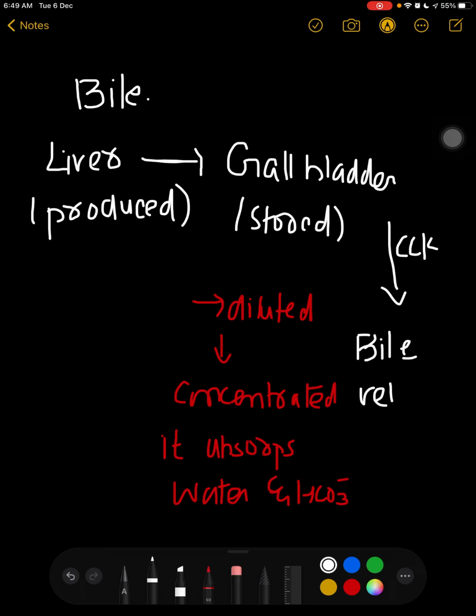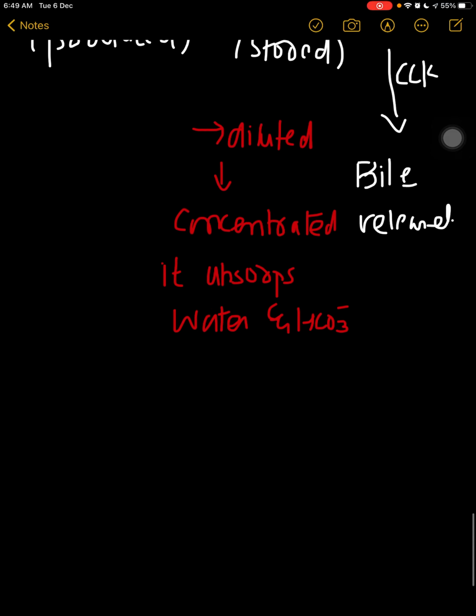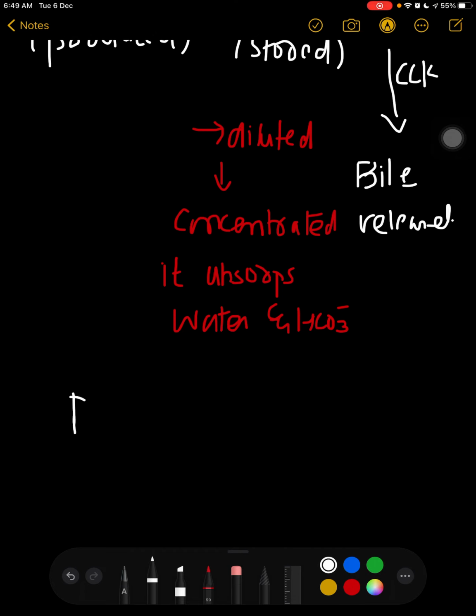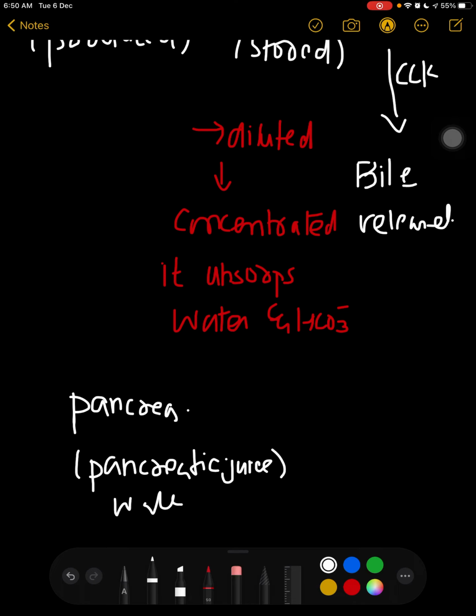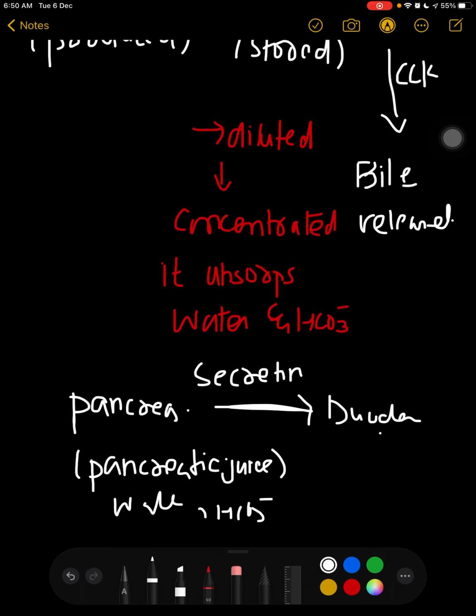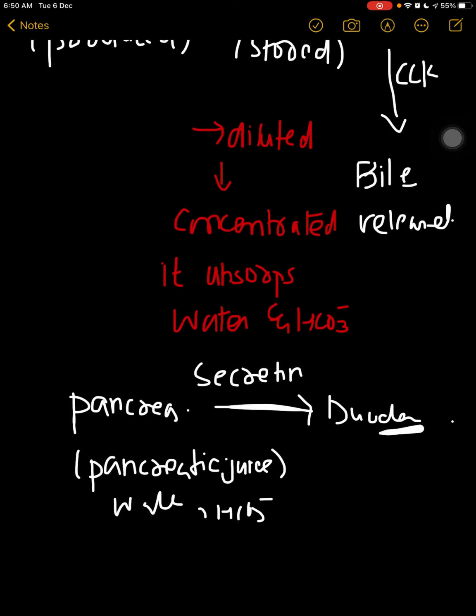Now we have the pancreas. In the pancreas, the pancreatic juice, the water and bicarbonate ions, are released, stimulated by secretin, and then released into the duodenum.